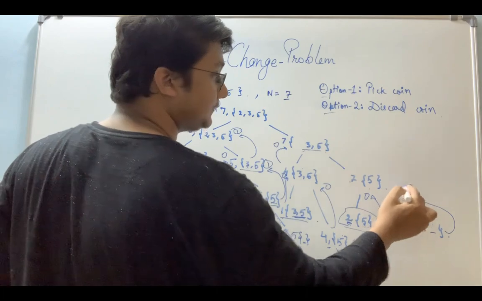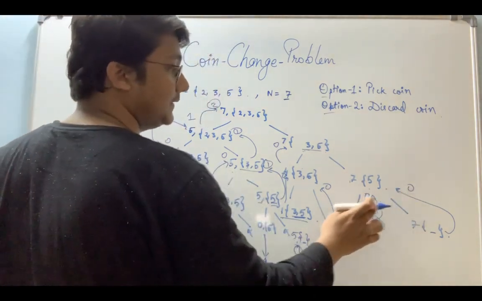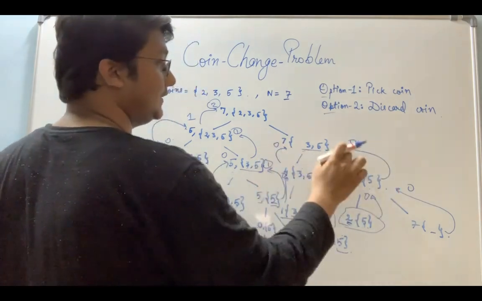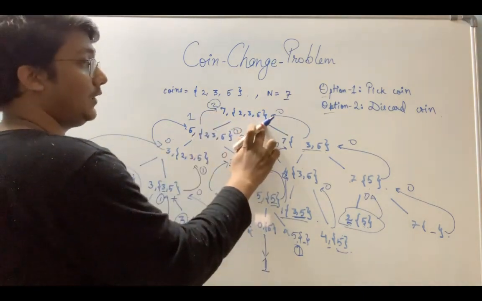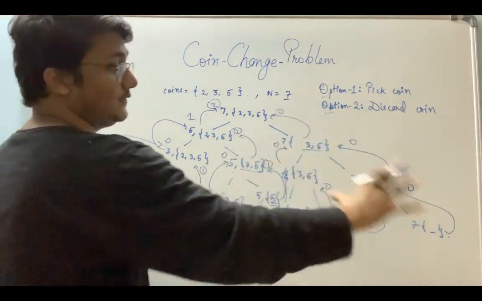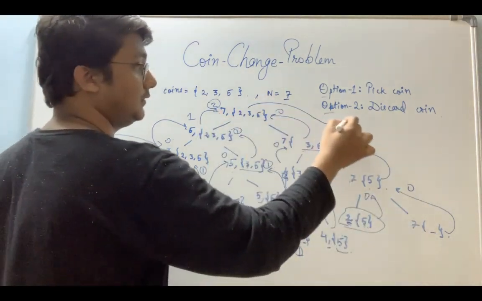So this also has a 0 answer. Now to merge these two, 0 plus 0 returns 0, and at the final top layer recursive call, you take the answer from the left, you take the answer from the right, and you add them. So 2 plus 0 is 2.